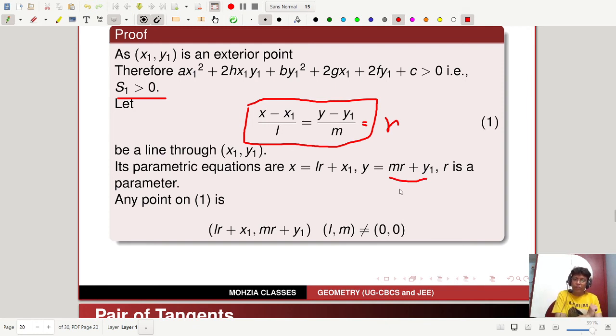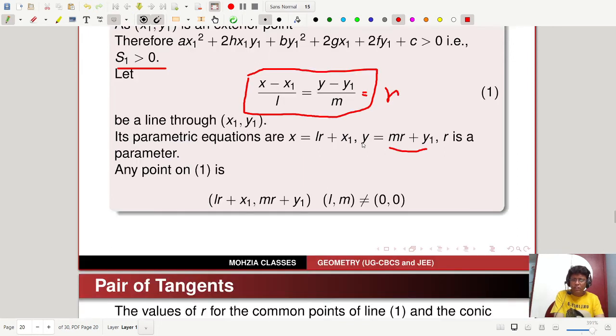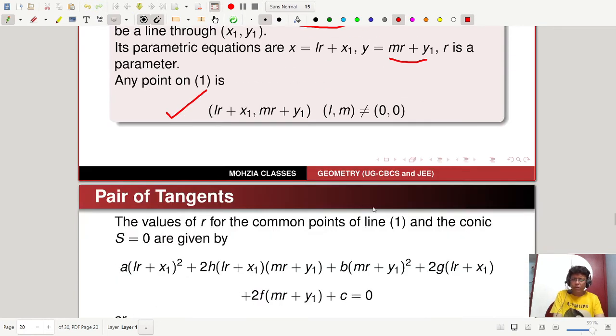This is the parametric form, where r is a parameter. So for any value of r, you will get a point that satisfies the line, and the point can be anywhere on the line. So any point on the line can be taken as this, provided that l and m are not both 0.